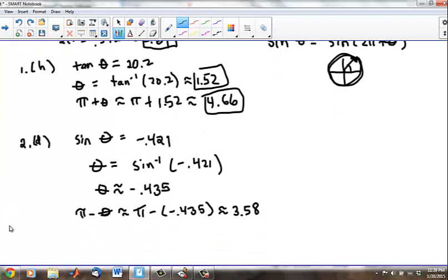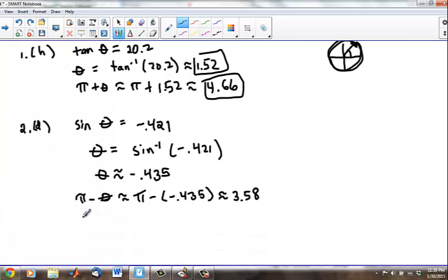So I'm going to use that: 2 pi plus theta is approximately 2 pi plus negative 0.435, which is 2 pi minus 0.435.